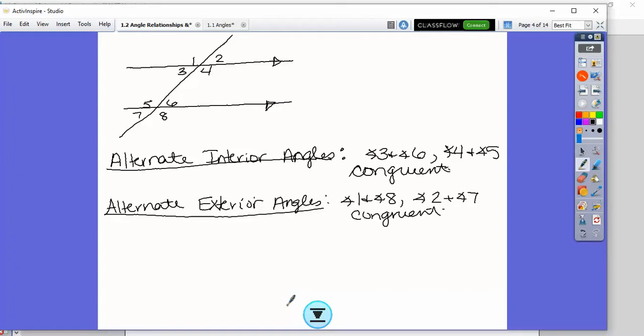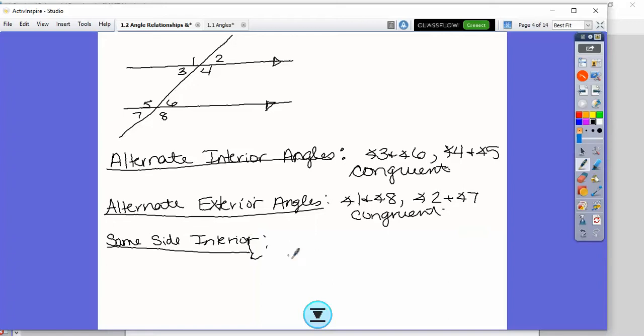Okay. Next relationship I want to talk about. Your book calls this same side interior. Sometimes it's called consecutive interior. I don't remember which one the geometry book used. Do you guys? Did it do consecutive? Okay.